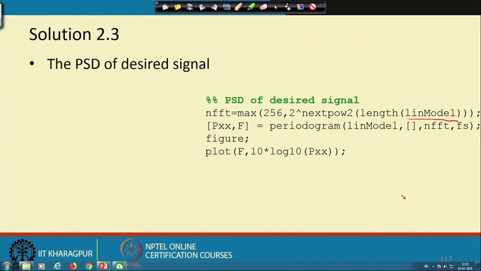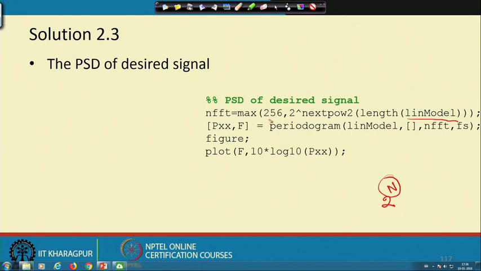As we are using FFT, it should be 2 to the power n, and this number, 2 to the power n, should be large enough, or bigger than the number of data points we have.